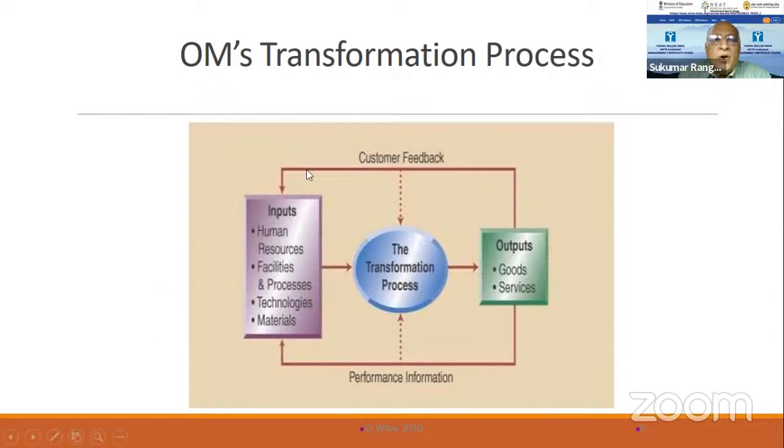Now, with all these inputs, which are used to transform into a desired output in the form of either goods or services, and in many cases, goods and services. There are many places where you have both. For instance, you go to a restaurant.